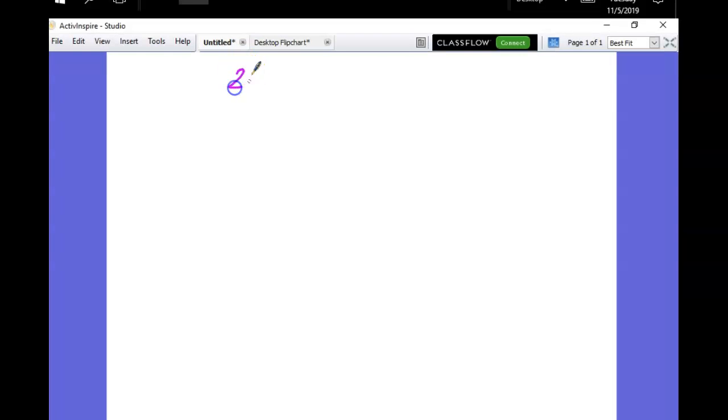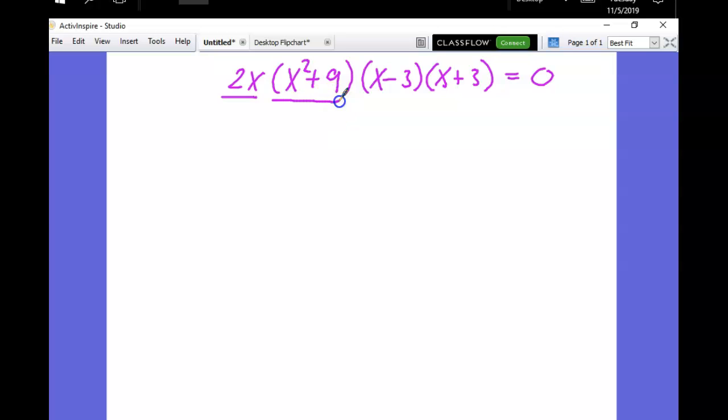So we have 2x, x squared plus 9, x minus 3, and x plus 3 equals 0. Well, now we get to use the zero product property, right? I've got this times this times this times this equals 0.